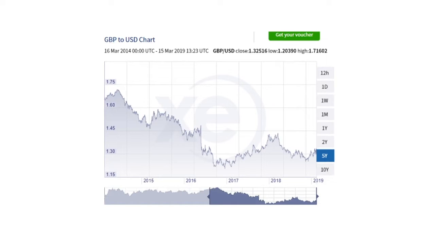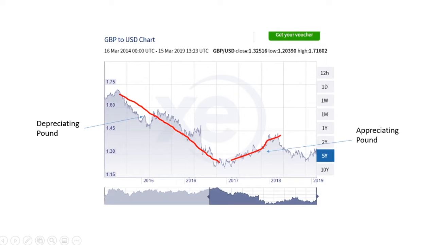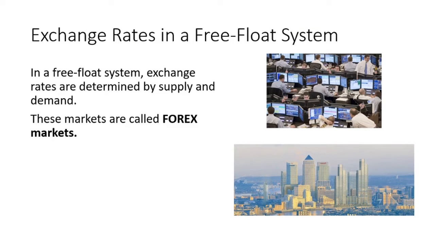When you're looking at a graph of a currency in terms of another currency, that is, how many dollars do you get per British pound, if the number of dollars per pound is falling, as it was from 2014 to 2016, you would say that overall that's a period of depreciation of the pound. But if the number of dollars you can buy with your pounds rises, then that is an appreciating pound.